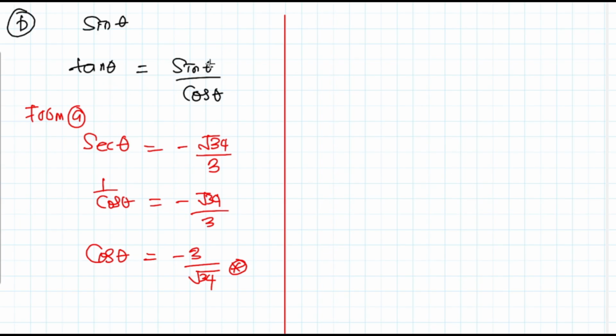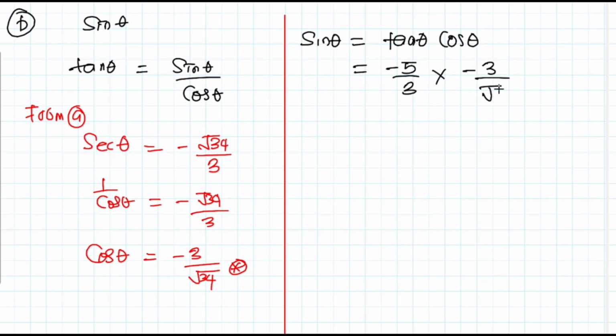Here we have tan theta equals sine theta over cos theta. If we cross multiply, sine theta equals tan theta multiplied by cos theta. Tan theta is minus 5 over 3 multiplied by cos theta, which is minus 3 over square root of 34. So 3 goes into 3, minus times minus is plus, and we have 5 over square root of 34.